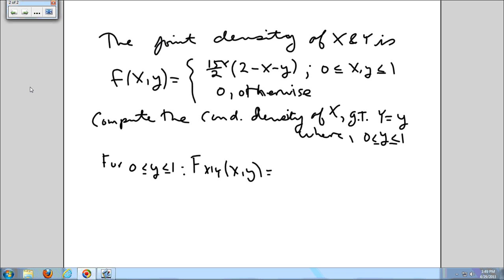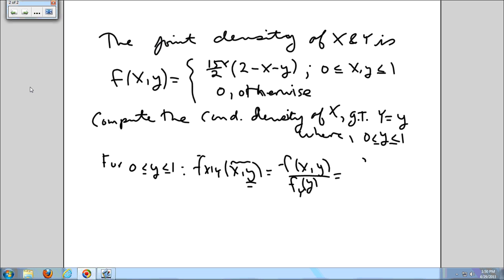Well, using the definition, it's nothing more than f of x comma y. And of course I have a silly error here. It's little f. It's f of x and y divided by f sub capital Y of y.